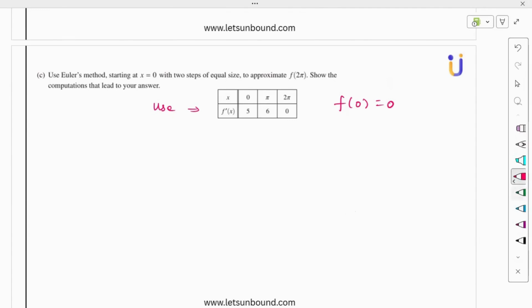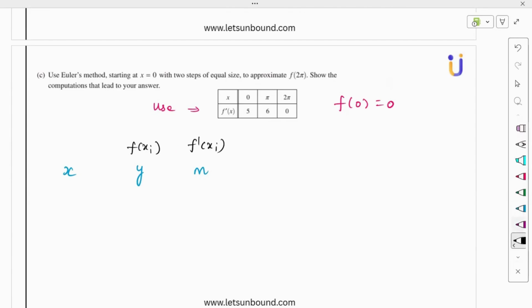First column is for x, and then y. What is y here? F of x_i, like x_1, x_2, like that. And then m, which means slope. F of x_i is y, f prime of x_i is the slope.